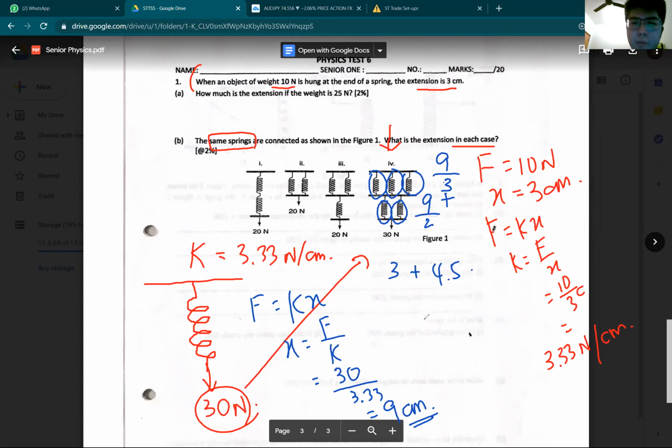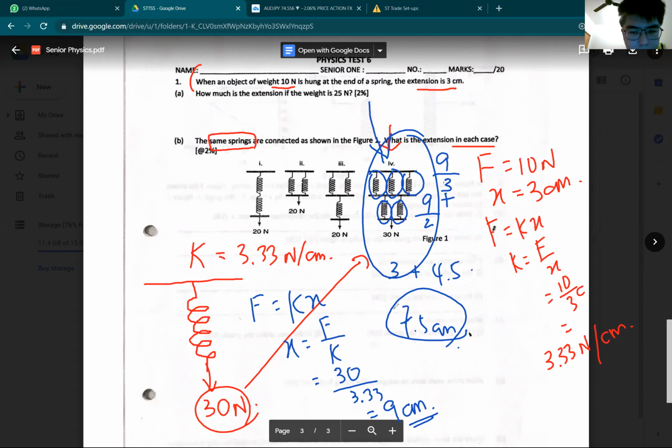Then you plus together, 7.5. So the total extension of this system here is 7.5 centimeter. Okay, so if you're using this method, 不管你的 spring system 有几复杂，你都可以算到。Okay, so remember this one.